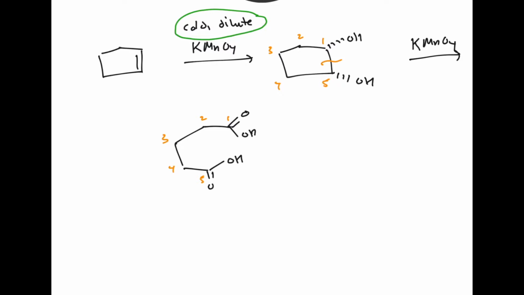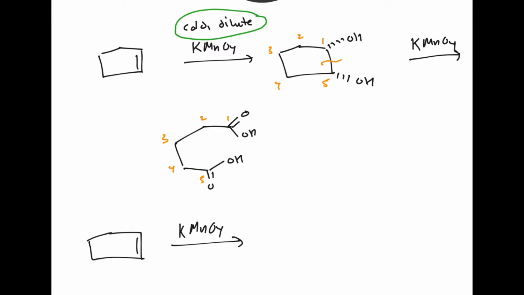So the reason we say, oh, hey, my KMnO4 to make the vicinal diol needs to be cold and dilute is we're hoping that we run out of KMnO4 before it can start reacting with the diol, right? So if I just were to take this double bond and just add a whole bunch of KMnO4 to it, the KMnO4 is going to react with the double bond to make the diol, and then there's a bunch of KMnO4 left over.